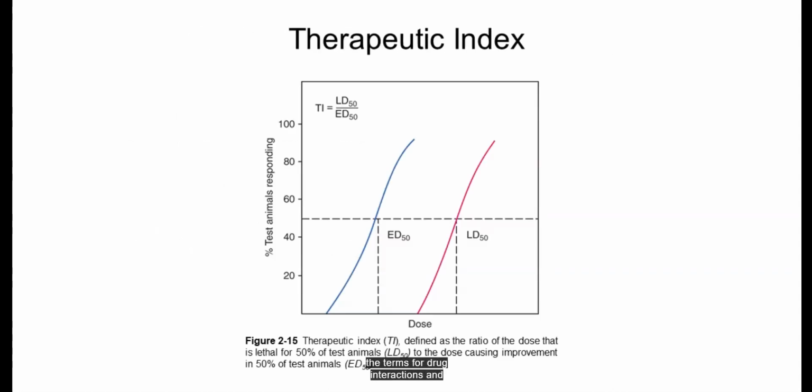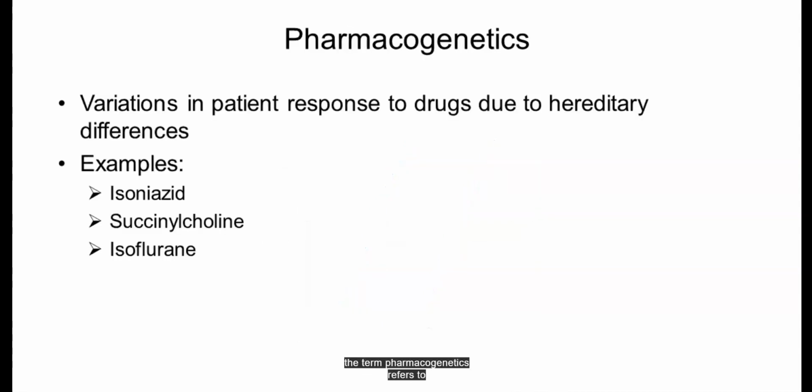The terms for drug interactions and drug responsiveness should also be reviewed. Lastly, the term pharmacogenetics refers to hereditary differences in the way the body handles specific drugs. Common medications we use in respiratory and critical care that exhibit changes due to heredity are isoniazid, or INH, that we use for TB, and succinylcholine that we use in rapid sequence intubation.